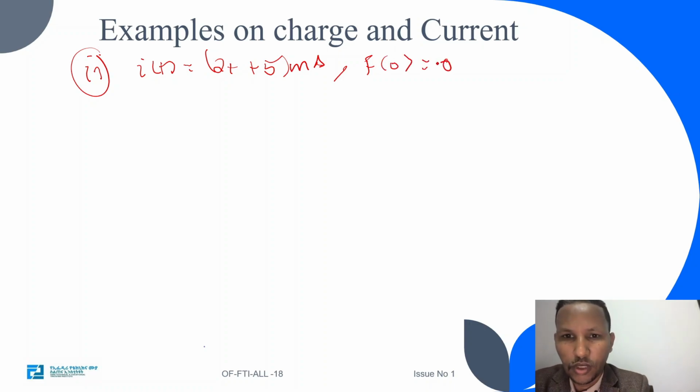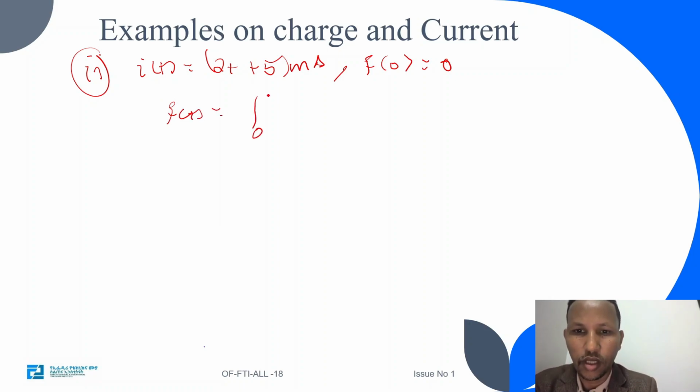Now let's consider Q of t, which is equal to the integral from 0 up to t of (2t plus 5) dt.